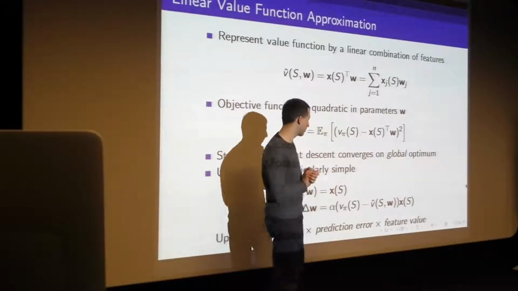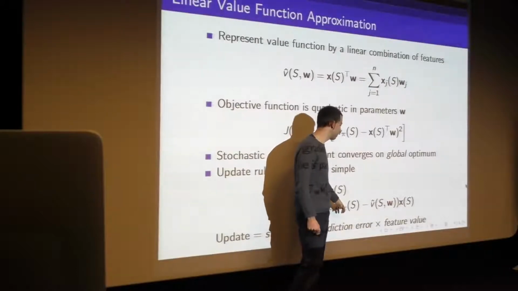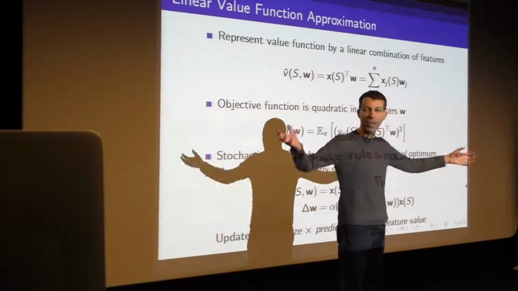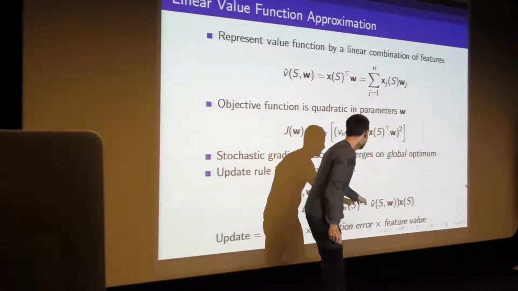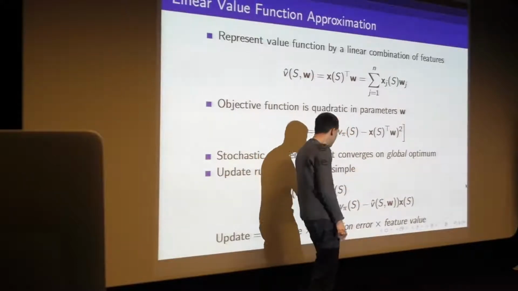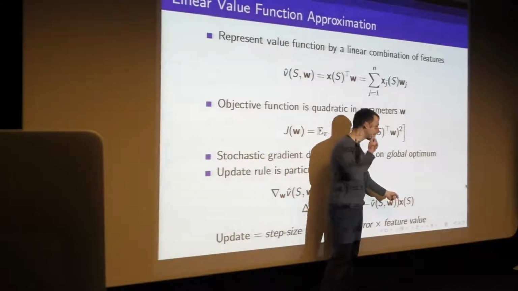Again, if we're given an oracle here, we're going to look at what the oracle said the value of this state would be. So I'm over here, I look at my features, I come up with some estimate and say, okay, I think I'm going to get 6 units of reward. I'm going to see my error with what the oracle said. And now I'm going to move a little bit, step size, in the direction of how to correct this error.